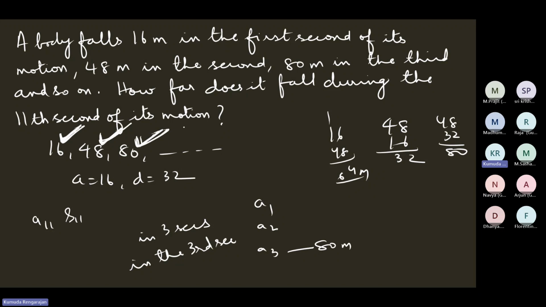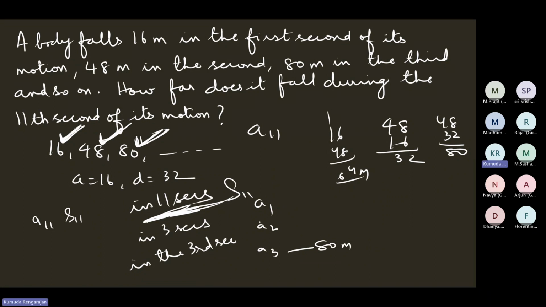So how far does it fall during the 11th second? During that second is A11. But if the question is how far does it fall in 11 seconds, that will be S11.